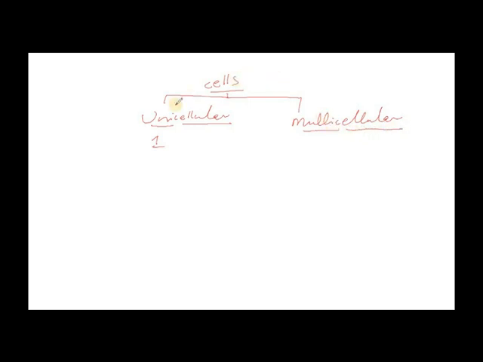Now, if you take the unicellular organisms, some of the cells are known as prokaryotes and other cells are known as eukaryotes.